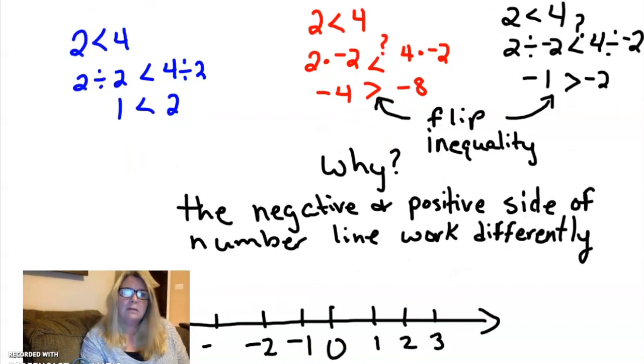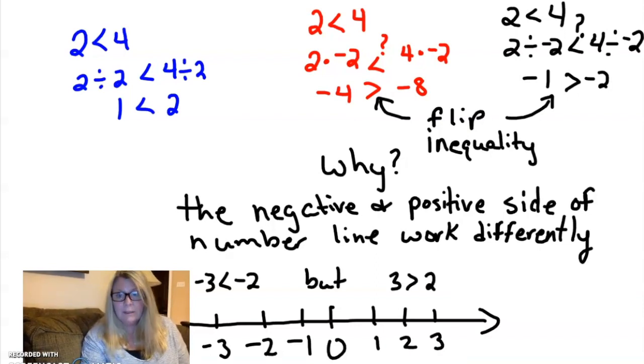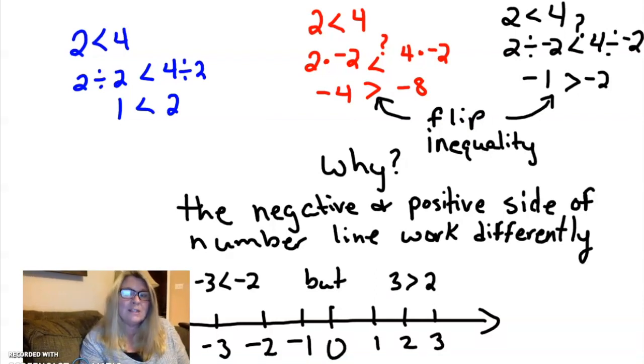On the negative side, negative 3 is less than negative 2. But on the positive side, positive 3 is greater than positive 2. So when we change the sign, when we flip from positive to negative with multiplication or division, then the inequality symbol changes.